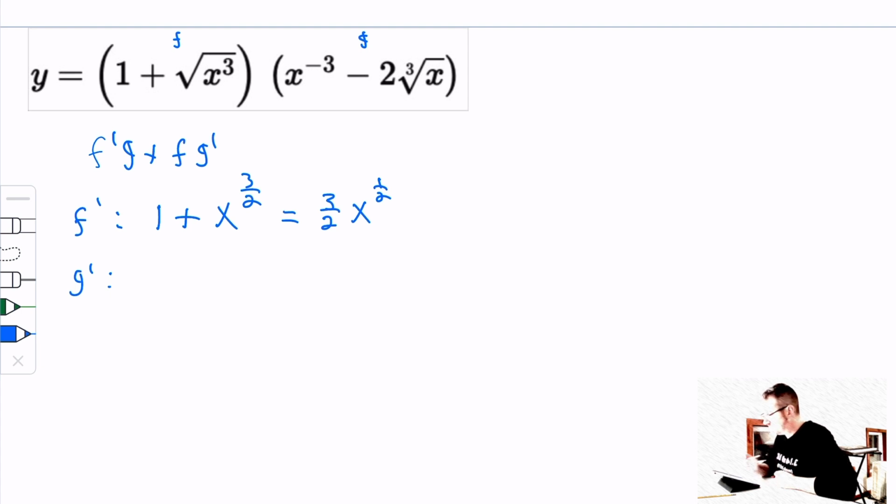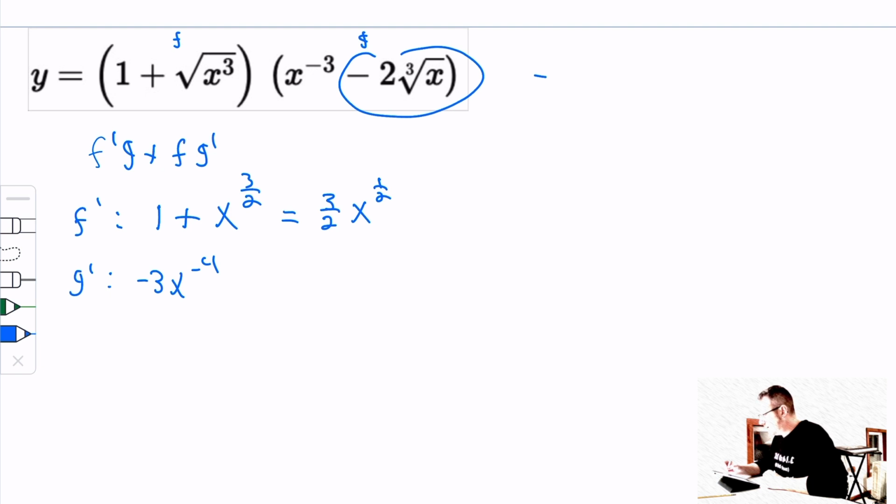Now g prime. So x to the negative 3 is going to be negative 3 x to the negative 4, and I'm going to write this as negative 2x to the 1/3, like so.